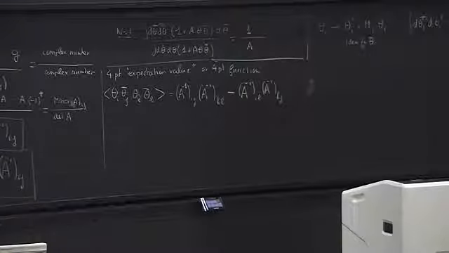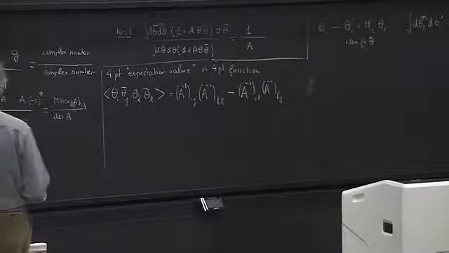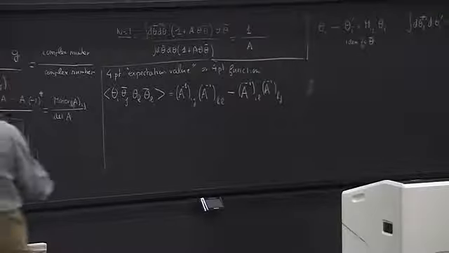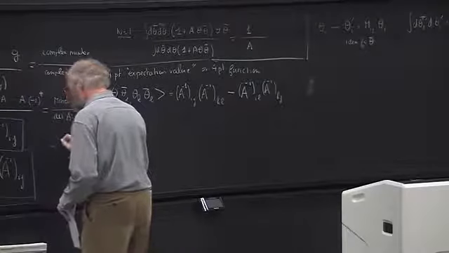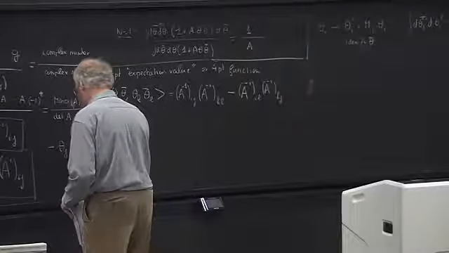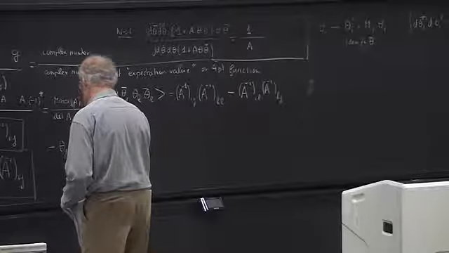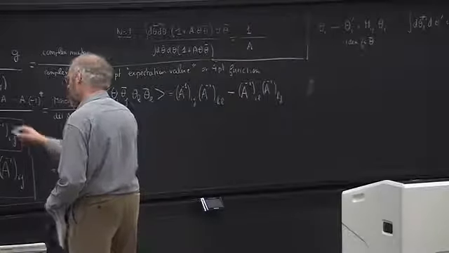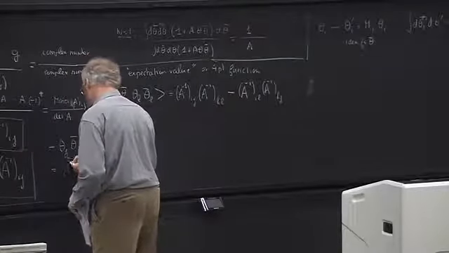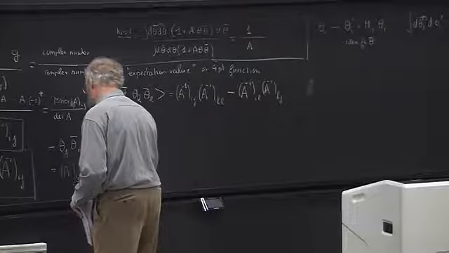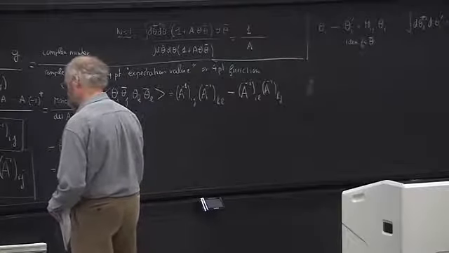Remember, A is Hermitian. So, well, this is minus theta g theta bar I. So this is A minus 1. Oh, no, you're right. Yes, no, I'm sorry.